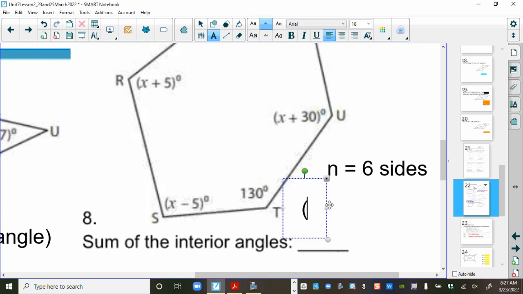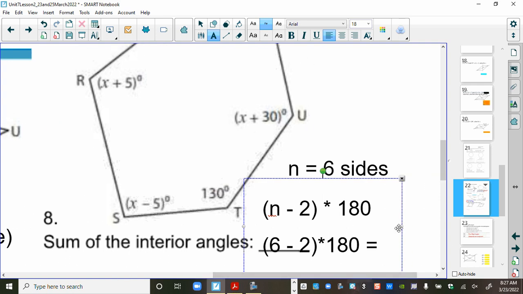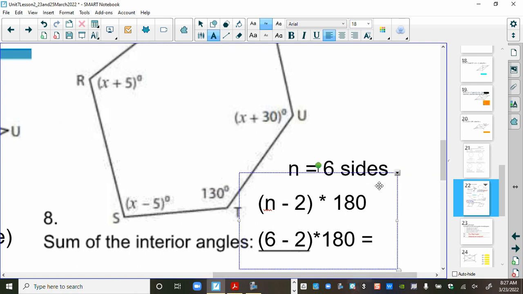That's sum of the interior angles, n minus 2 times 180. I want you all to do that math real quick. What's our grand total? Okay, 720.